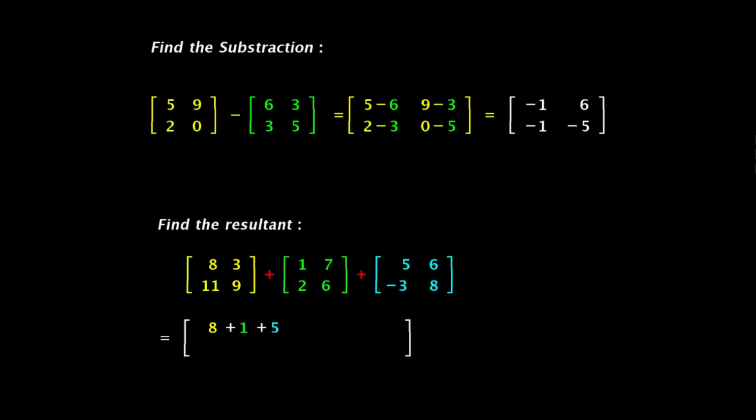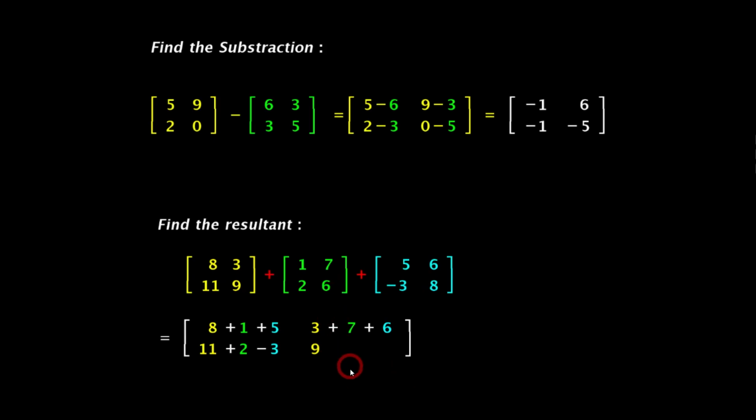Then we choose the 3, the 7, and the 6, and put these values side by side with all addition: 3 plus 7 plus 6. Next we choose 11 plus 2 plus negative 3. Then the last location, we choose 9 plus 6 plus positive 8.